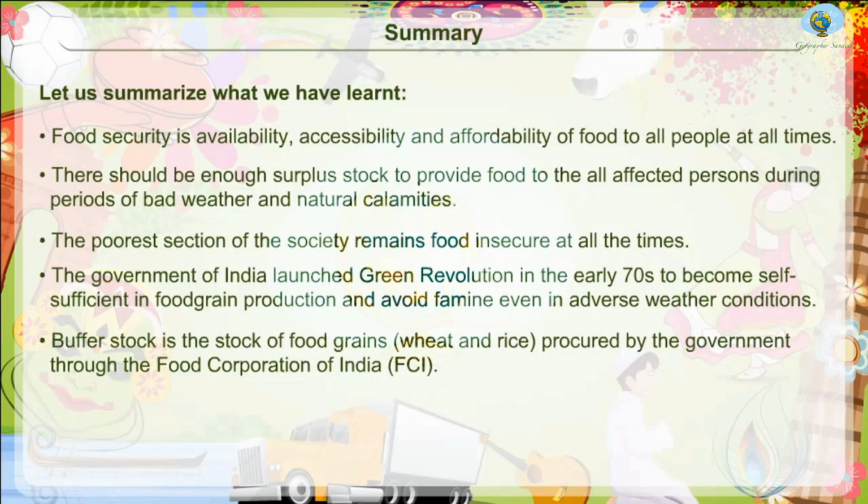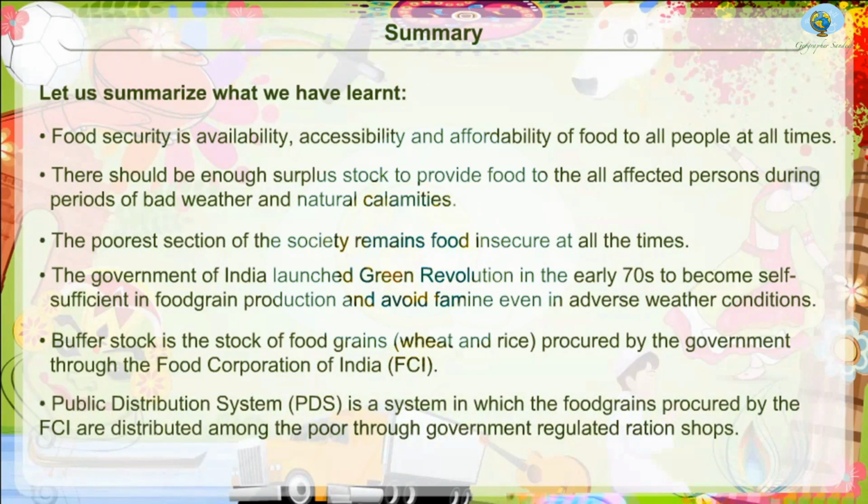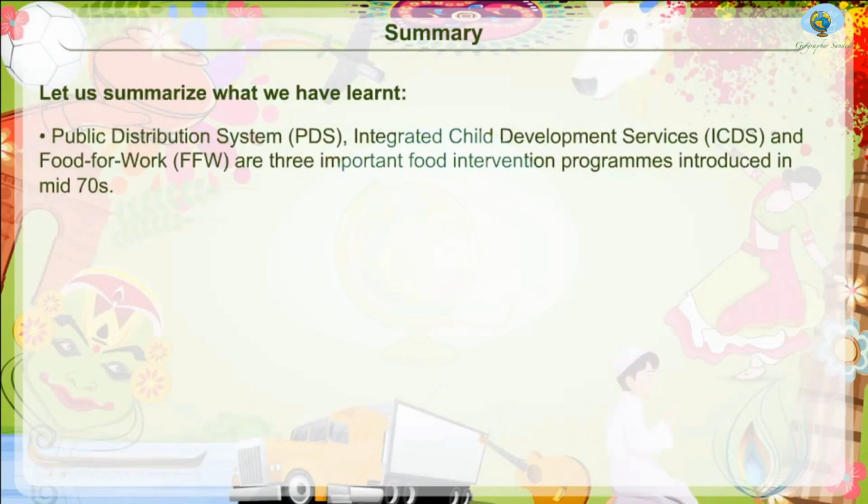Buffer stock is the stock of food grains, wheat and rice, procured by the government through the Food Corporation of India (FCI). Public Distribution System (PDS) is a system in which the food grains procured by the FCI are distributed among the poor through government-regulated ration shops. PDS, Integrated Child Development Services (ICDS) and Food for Work (FFW) are three important food intervention programs introduced in the mid-70s.